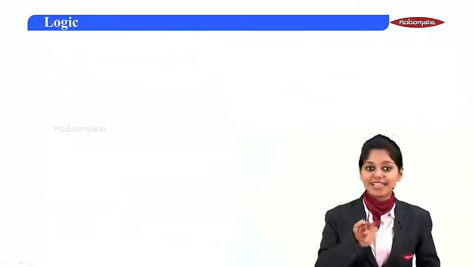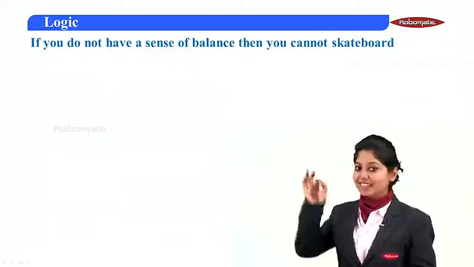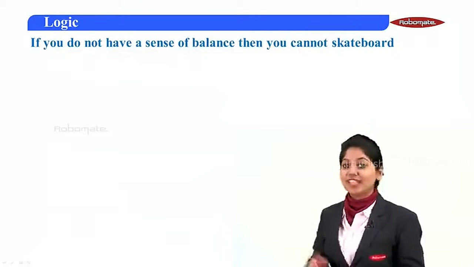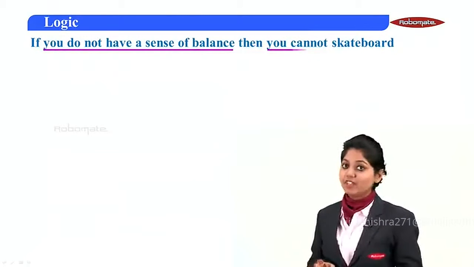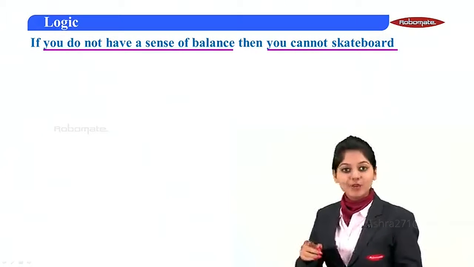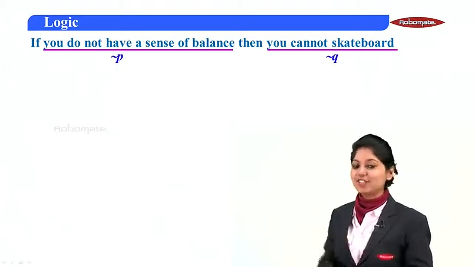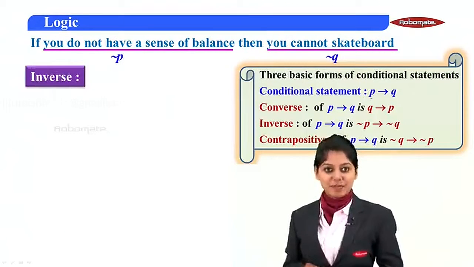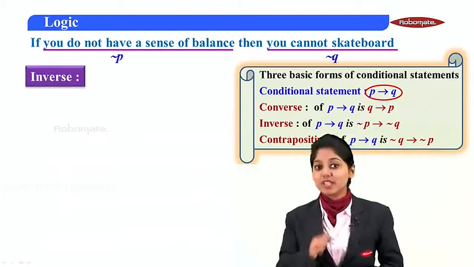Now we'll move to the inverse. Yes class, the same statement in front of you in the if-then form, which is if you do not have a sense of balance, which is your negation P, you cannot skateboard, which is your negation Q. So class, for the same conditional statement P implies Q, what is the inverse?